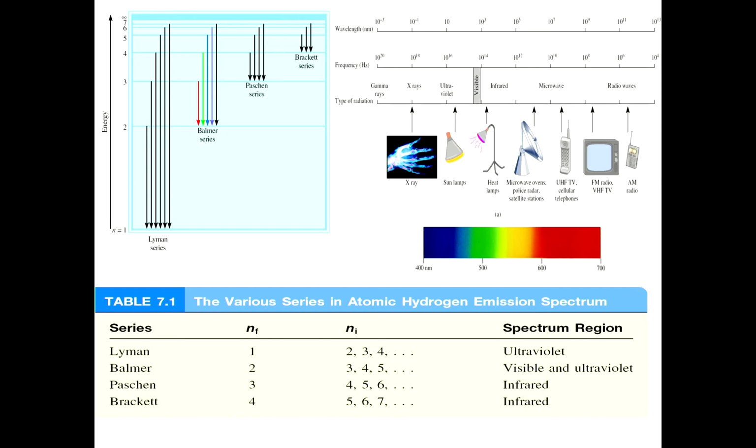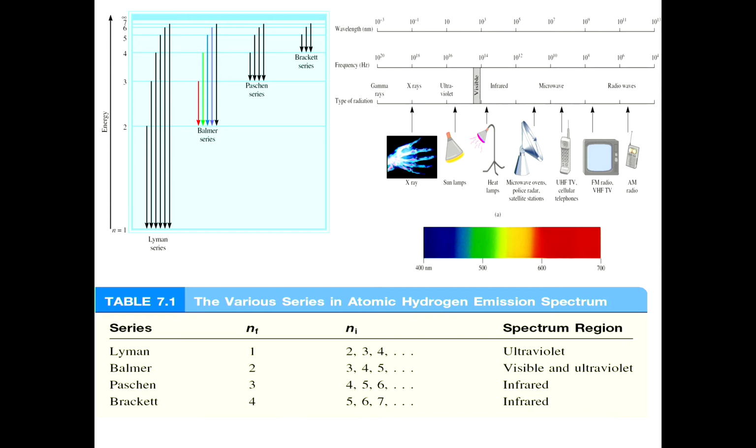The first series has the largest energy difference. The second series is in the visible area. Visible means this light, we can see this light. But for these photons, we can't see.